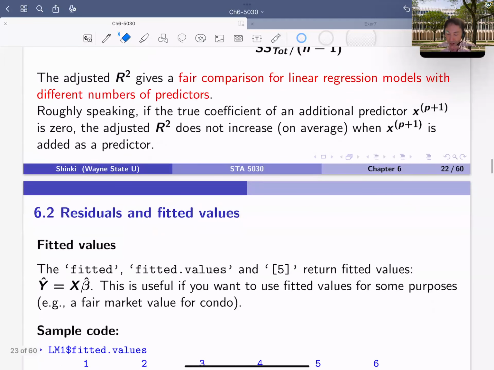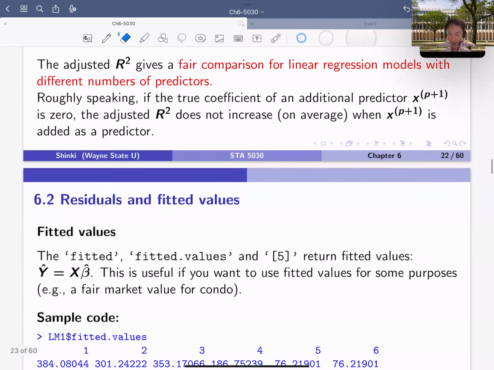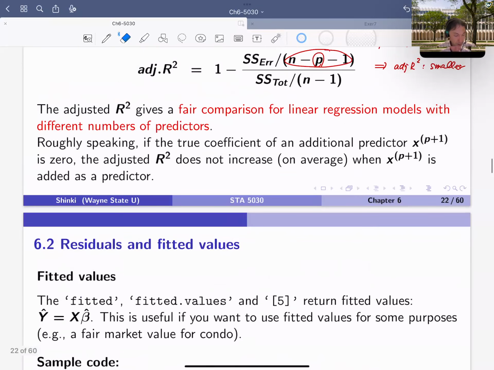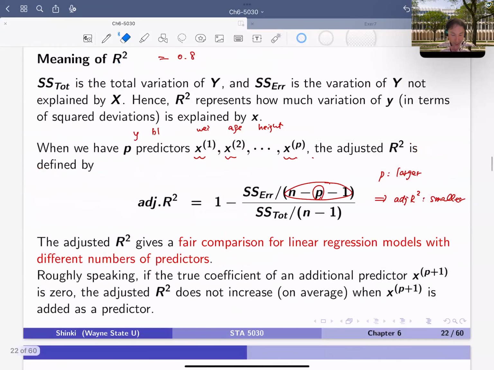So R square gets slightly better. We want to avoid that situation, and adjusted R square is made for that concept. Any questions? Anyway, to interpret adjusted R square exactly, we need to go to chapter 11.